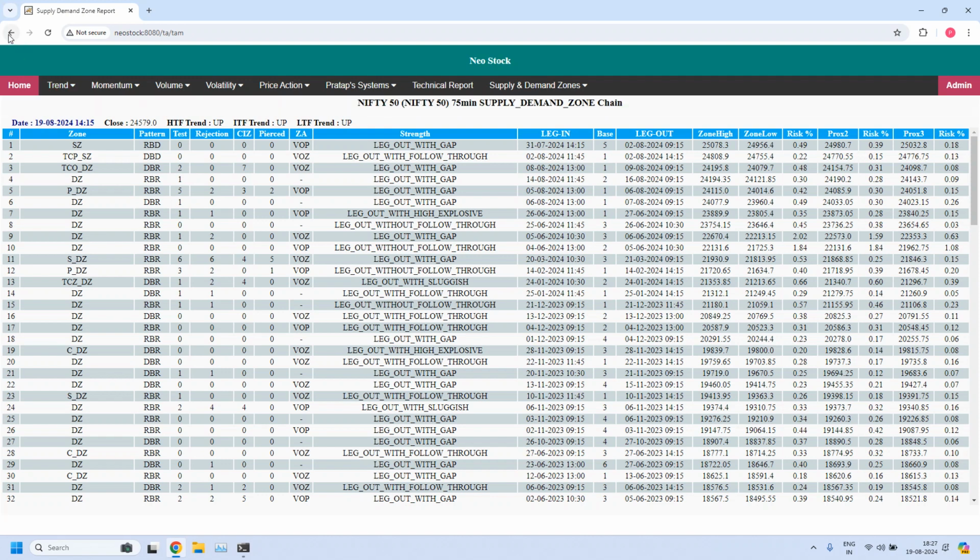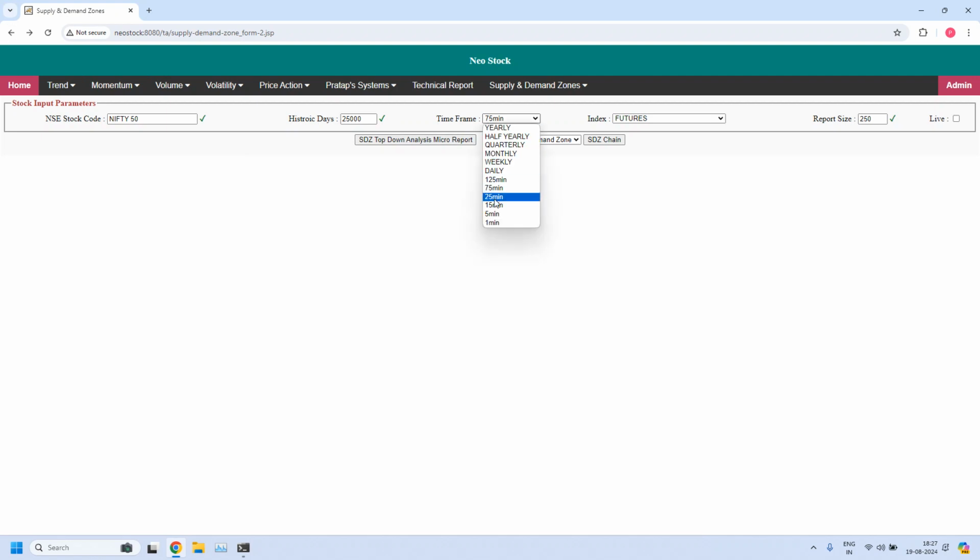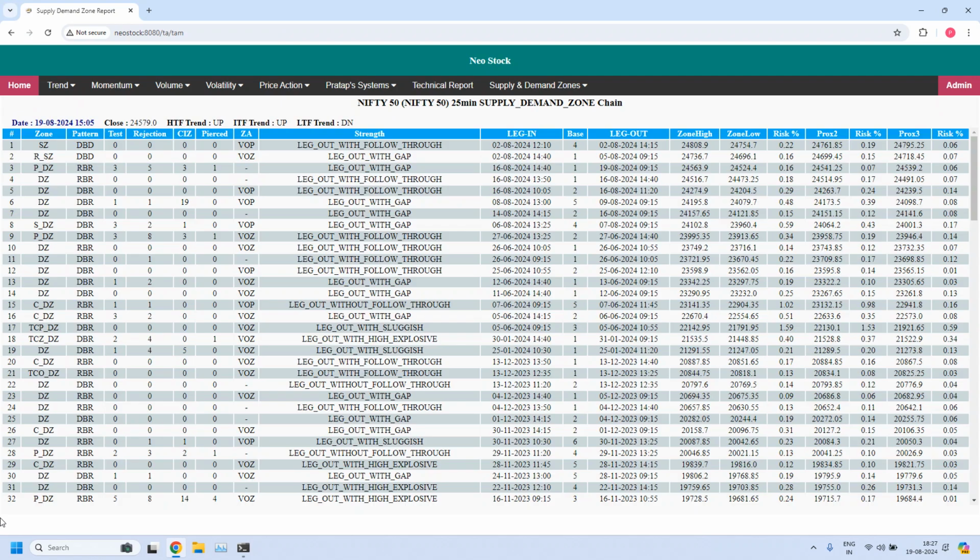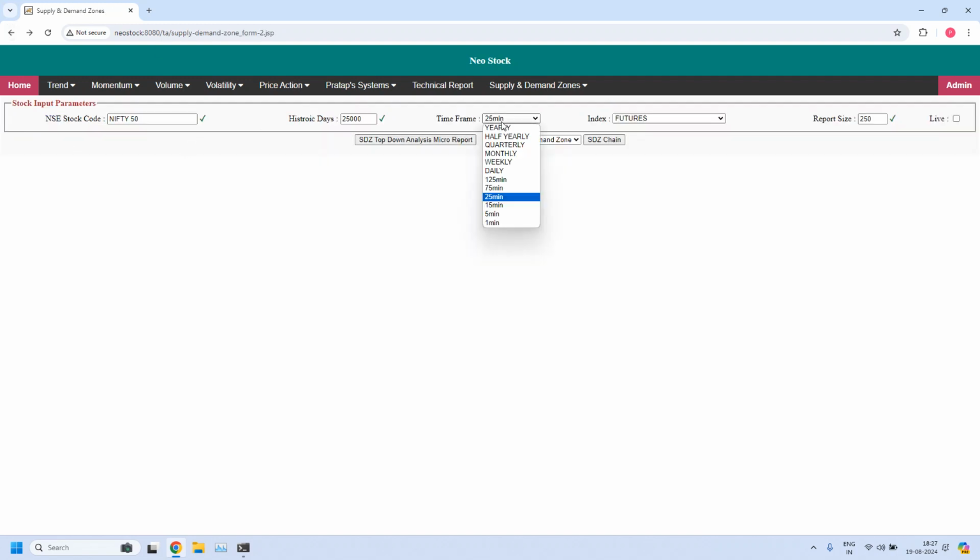And the next time frame is 25 minutes, generating the 25 minute supply demand zone chain for NIFTY. And the next time frame is 15 minutes, generating the 15 minute supply demand zone chain for NIFTY.